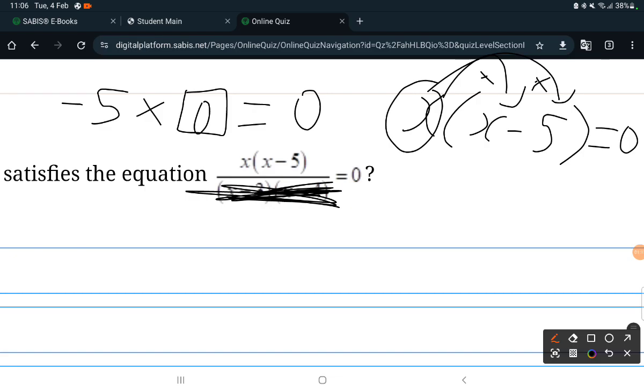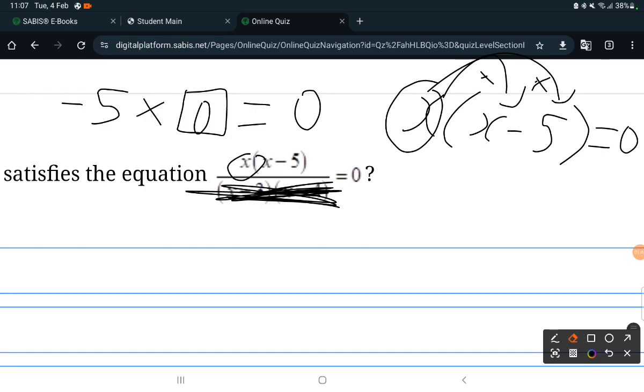That's common sense, we all know this. Negative 5 multiplied by 0 is 0, 4 multiplied by 0 is 0, 2 multiplied by 0 is 0, you get the point. So whenever you have an x outside the bracket, just know that one solution to the equation equal to 0 will definitely be x equals 0.